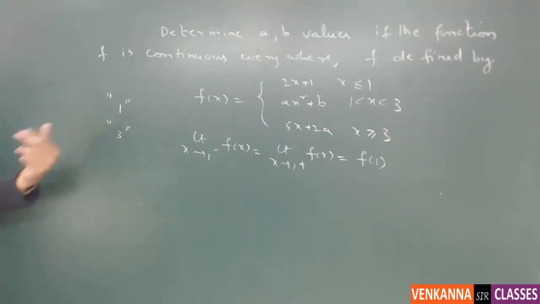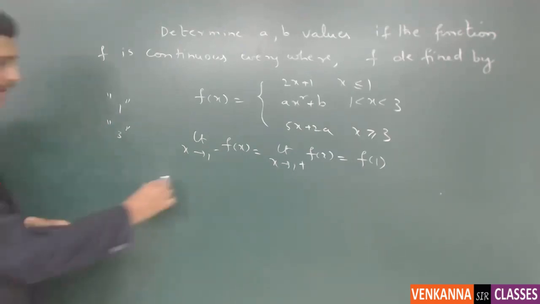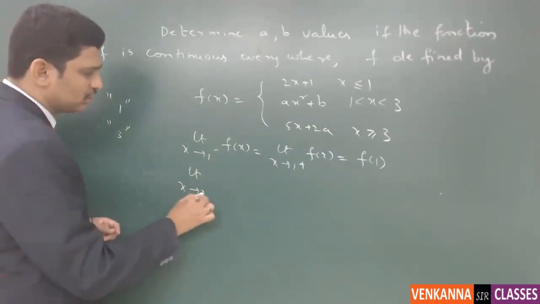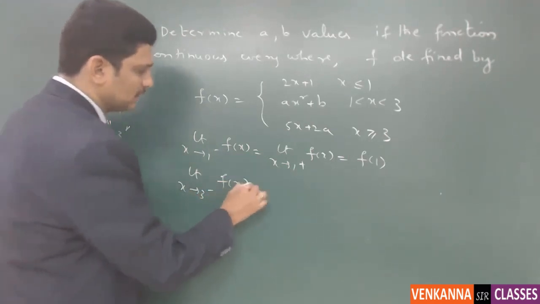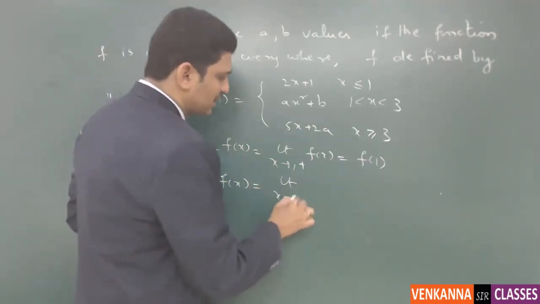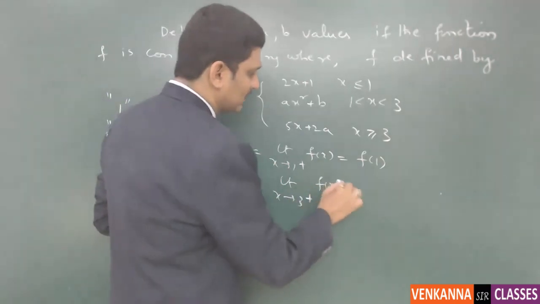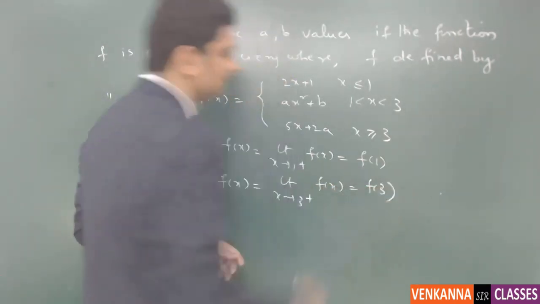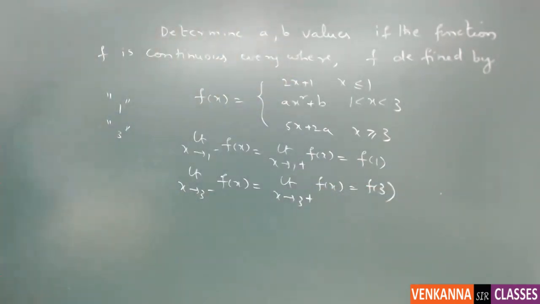Similarly, the function is continuous at 3, so we can write that limit x tends to 3 minus f of x equal to limit x tends to 3 plus f of x equal to f of 3. Agreed all? Any questions, please? Yes or no? Shall I proceed then?